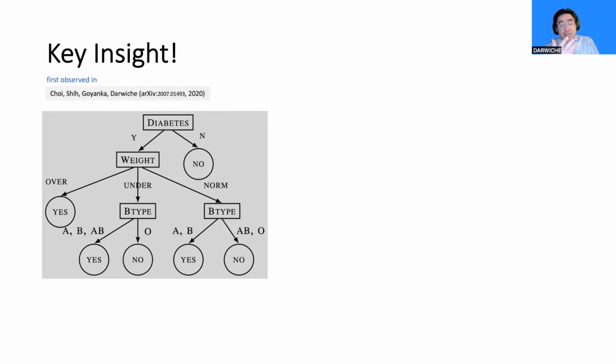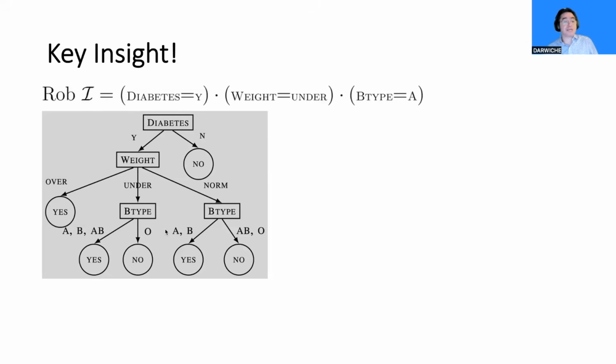The key insight is, let's look at this particular classifier. It's a decision tree. We have diabetes and weight, which has 3 values. Blood type has 4 values. And let's take this particular instance or patient Rob. So they've got diabetes, underweight, and blood type A, and they get classified as yes.